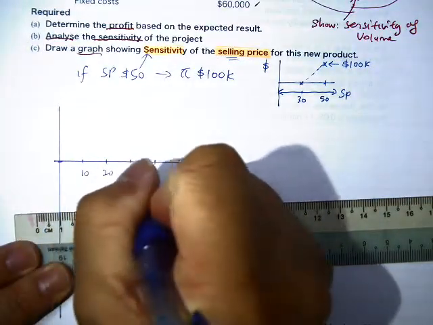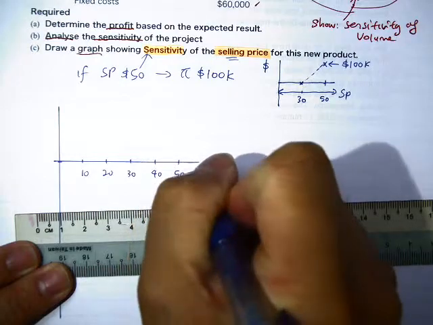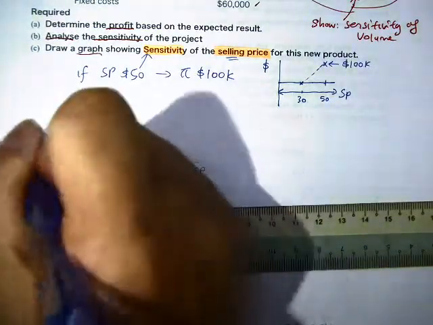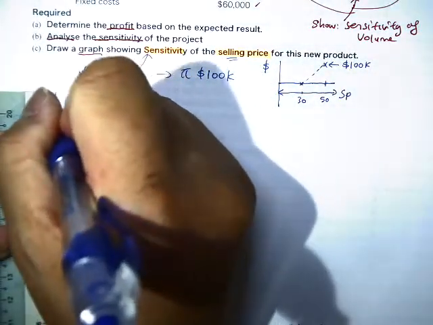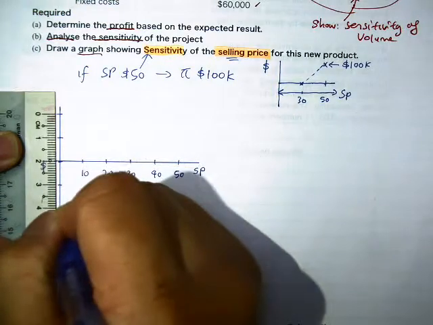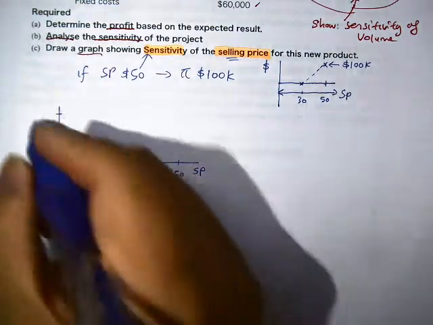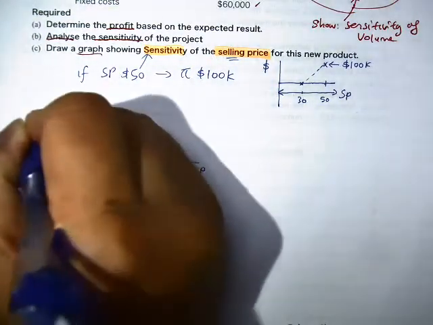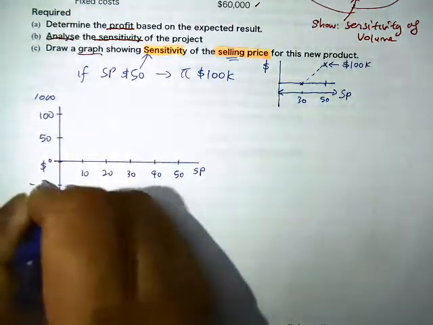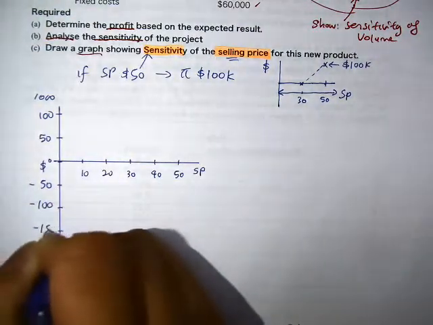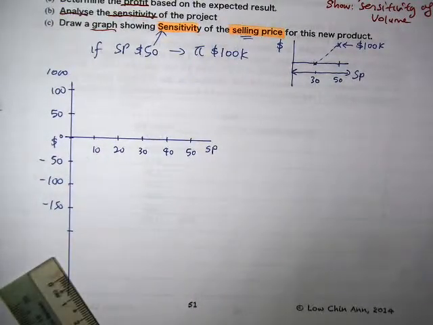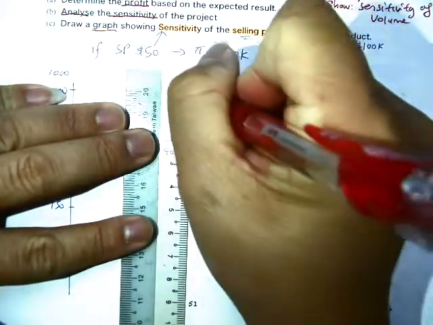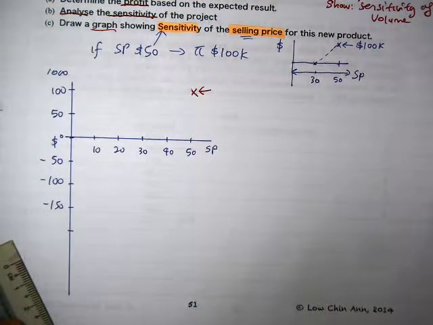Now, so if you draw this in a graph, $10, $20, $30, $40, $50. $50, $100, $150. Now, at the price of 50, your profit is 100.